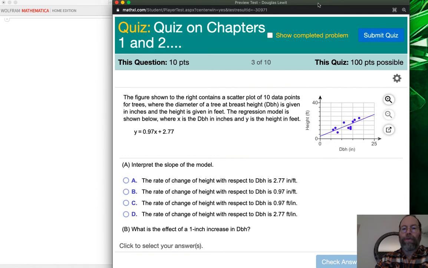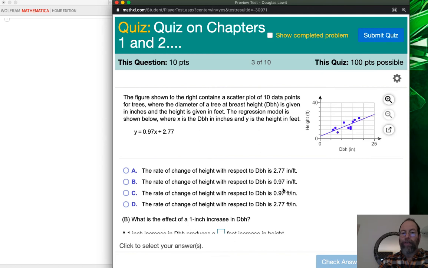The figure shown to the right contains a scatter plot of 10 data points for trees, where the diameter of a tree at breast height, or DBH, is given in inches, and the height is given in feet. The regression model is shown below, where x is the diameter at breast height, or DBH, in inches, and y is the height in feet. Interpret the slope of the model.